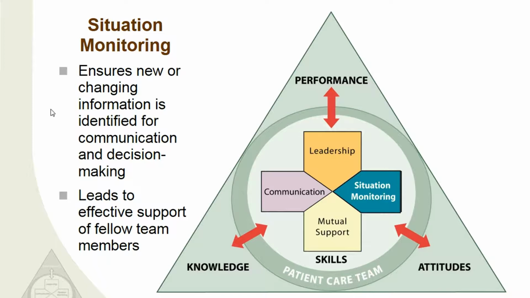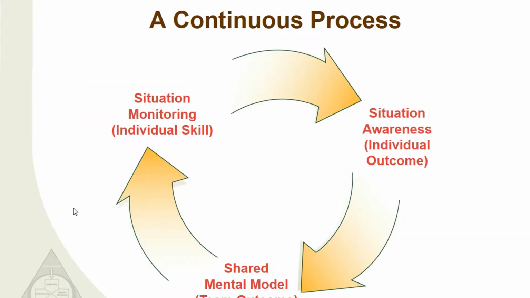Our next area we'll talk about is situation monitoring. This is the point at which we're really observant about what's going on with our team and in the setting that we're in. And this is key because if we have situation monitoring, we can give our colleagues the support that they need to be successful. Situation monitoring is a continuous process where the monitoring itself is an individual skill that we have.